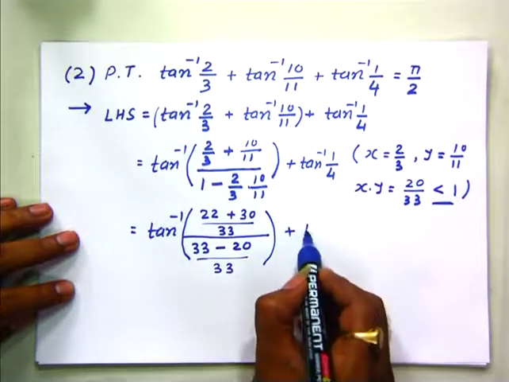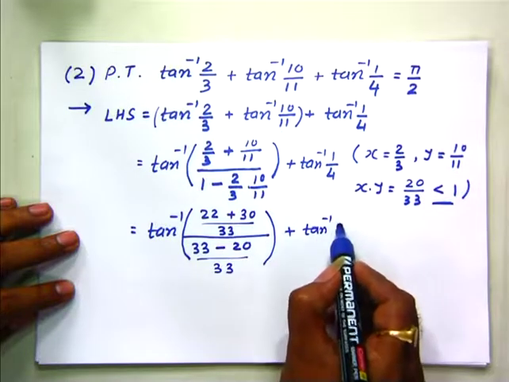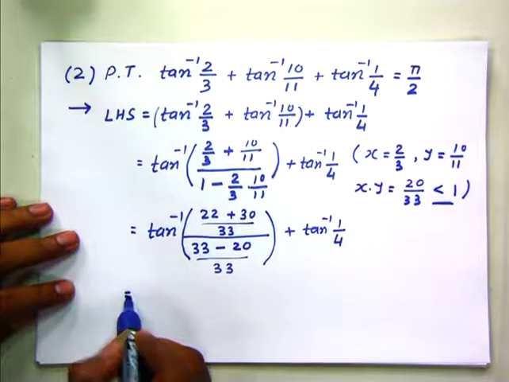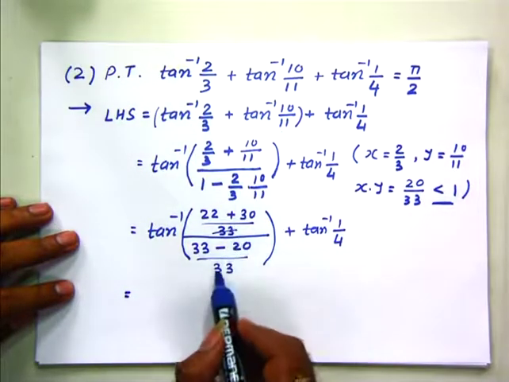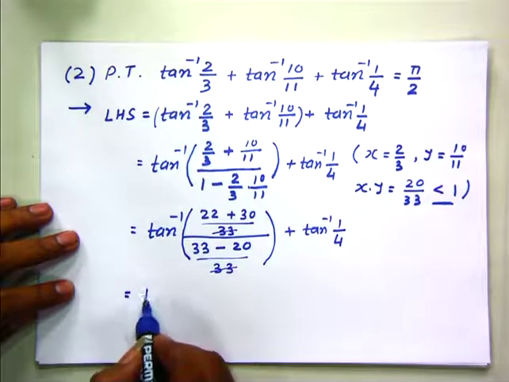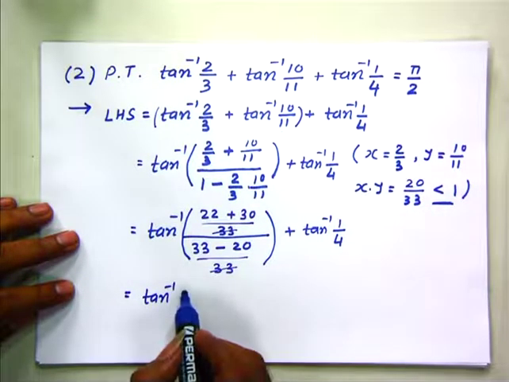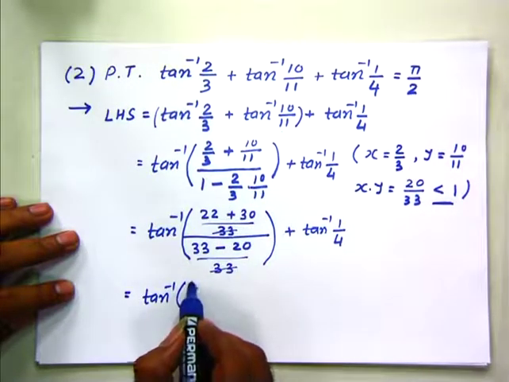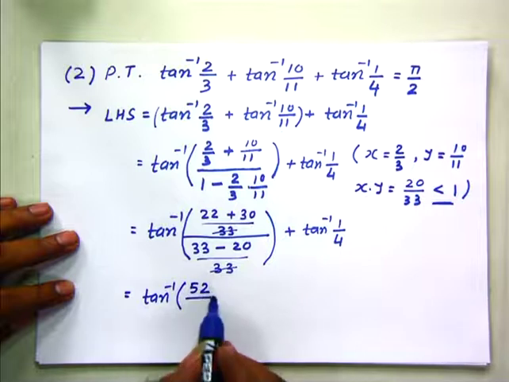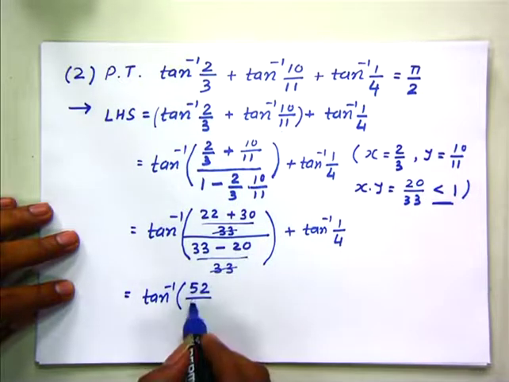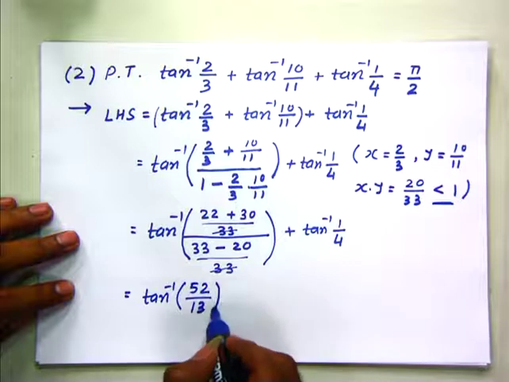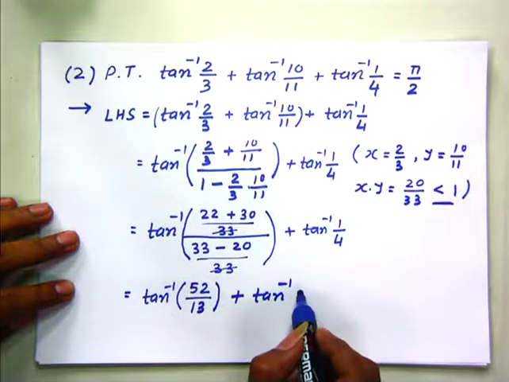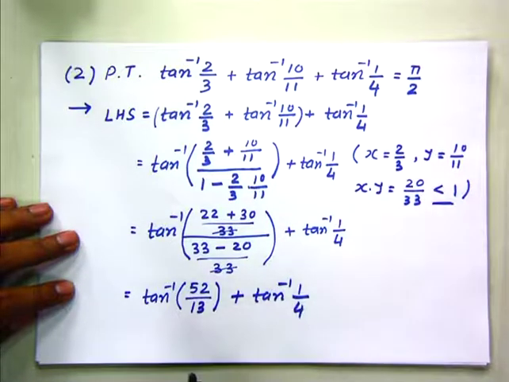Plus this third term, write down as it is 1 by 4. Now this 33 will be cancelled out, so we have tan inverse, see, 22 plus 30 is 52 upon 33 minus 20 is 13, plus tan inverse 1 by 4.